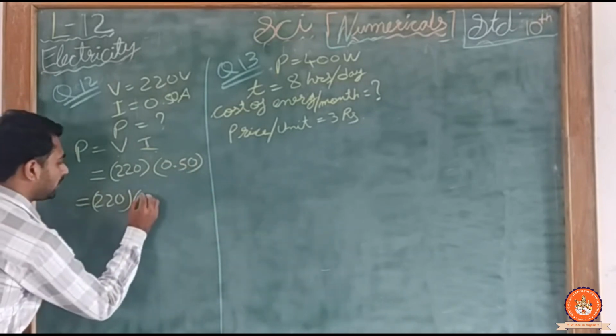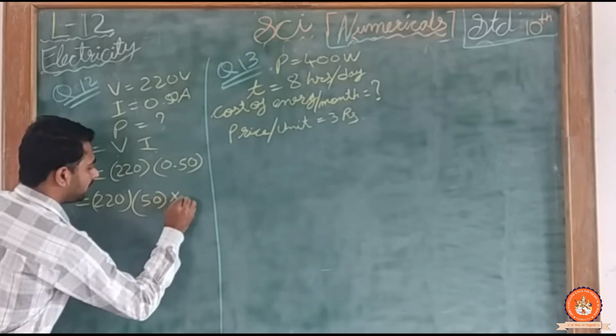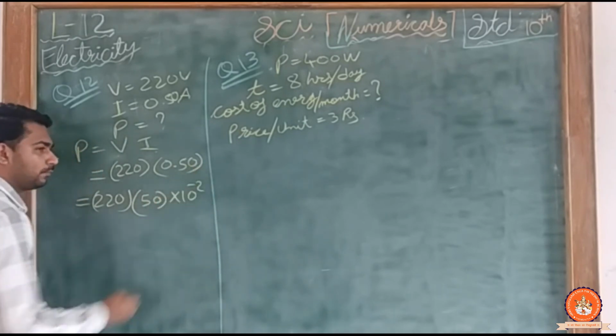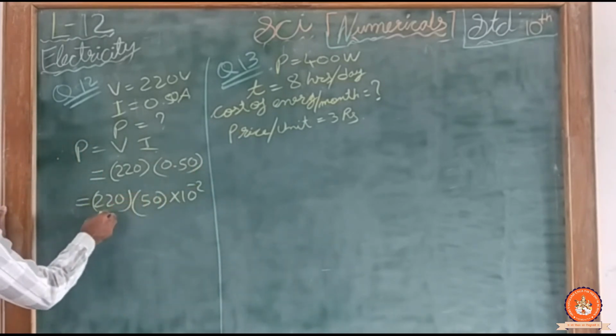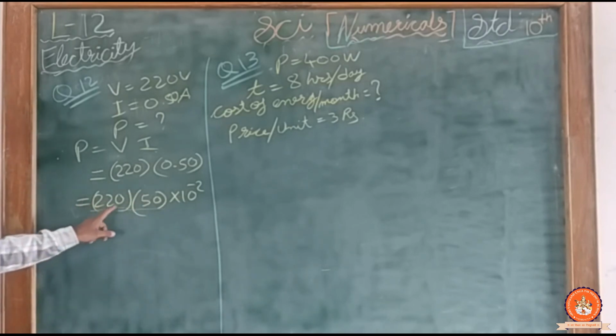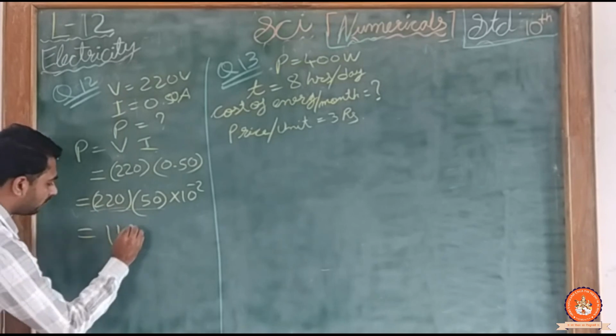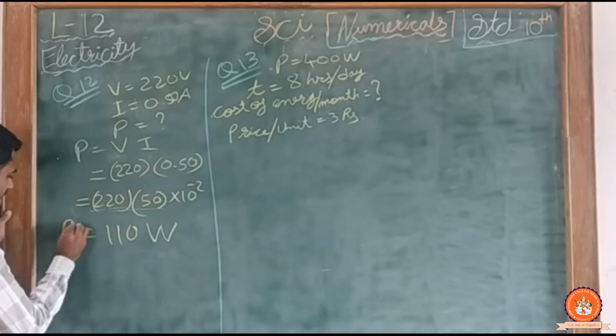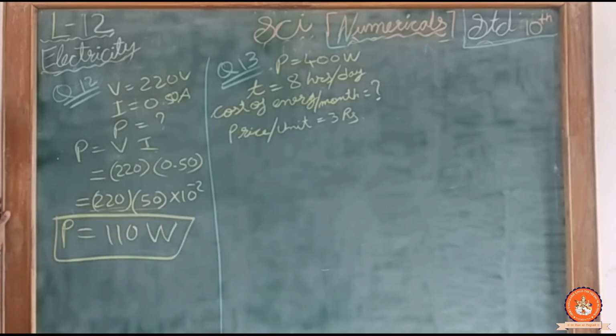So it becomes 50 and 10 raised to minus 2. The place value goes 2 places ahead, so it becomes 10 raised to minus 2. Now multiply 220 by 50. Okay, so you will get 110 watt. ठीक है, ये आपका आंसर हो जाएगा.